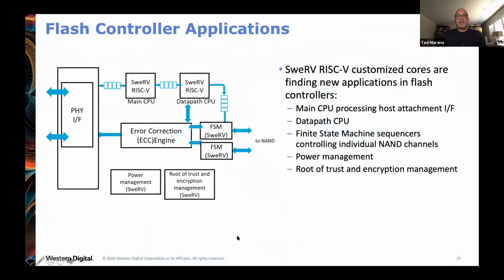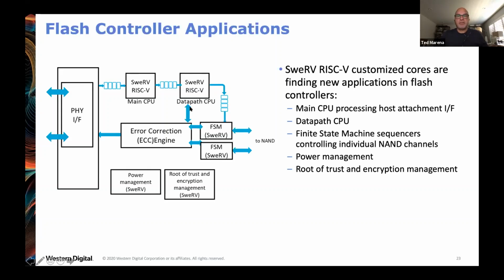This is a little bit more of where we see things going. What you can see here is that in most of our architectures, we have a main CPU and a data path processor. The main processor tends to interface with the host, in terms of commands, and also some housekeeping functions.